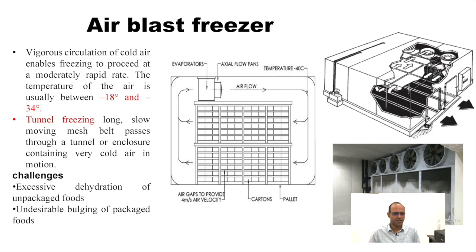The major challenges with air blast freezing are that if the product is not packed, there will be direct contact with the air and excessive dehydration because of the lower temperature of the air. Secondly, if the commodity is not properly clamped, it will bulge out because of the higher airflow velocities.